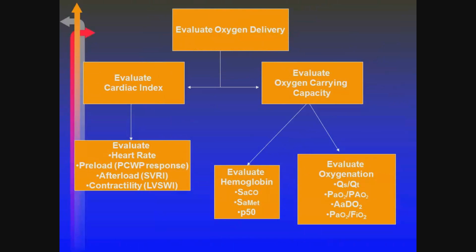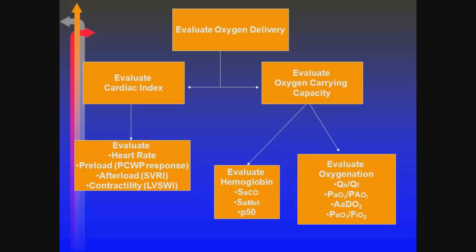Then you want to look at the oxygen delivery as it's compared to what makes it up. Well, we know that oxygen delivery is cardiac index and also oxygen content. So for the cardiac index component of it, we look at our old friends preload, afterload, and contractility. Preload can be assessed by the wedge pressure.